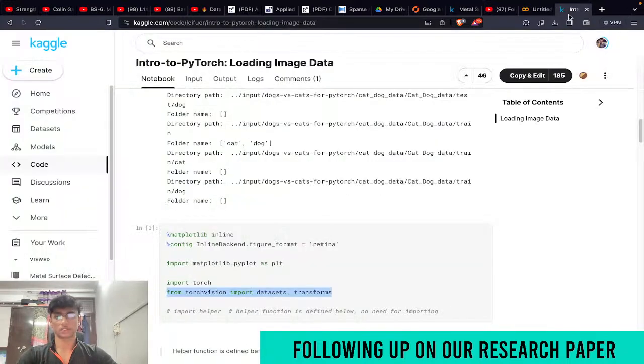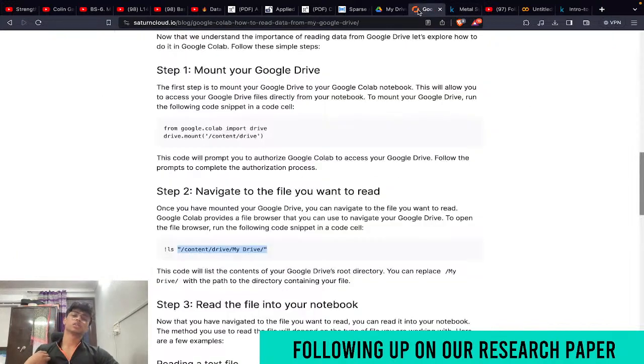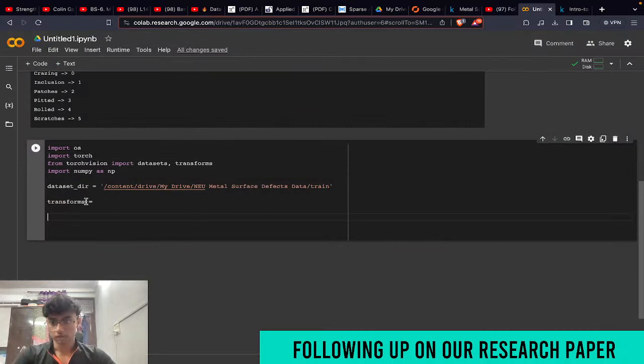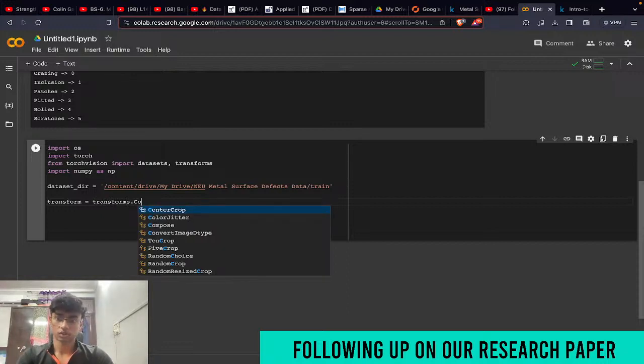Import transforms. So we'll do transforms.compose, right?